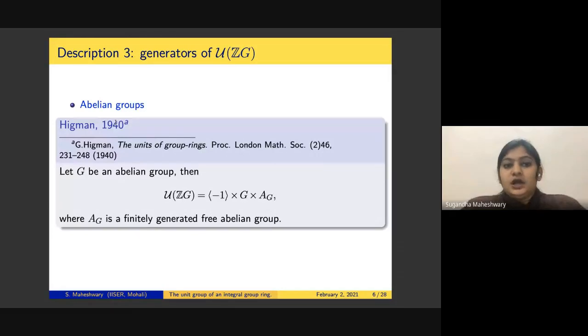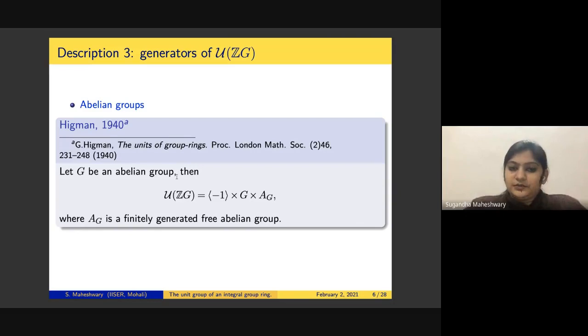Let's have a look. For abelian groups, we know that all the torsion units are just the trivial units. The torsion part of U(ZG) is G, and the torsion-free part is a finitely generated free abelian group. So more or less, for the abelian case, the problem reduces to understanding what A is, what its free rank is, and what the generators are. If one is able to find that out, we have the answer to what the whole unit group is.